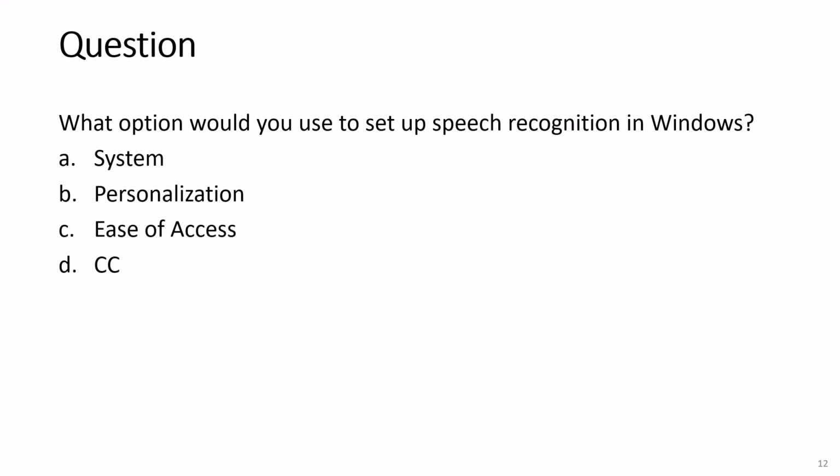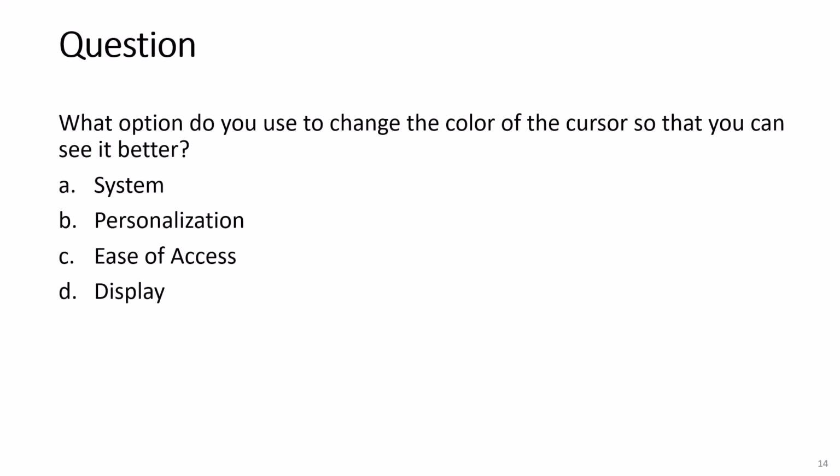Question: what option would you use to set up speech recognition in Windows? Answer: ease of access. Question: what option do you use to change the color of the cursor so that you can see it better?